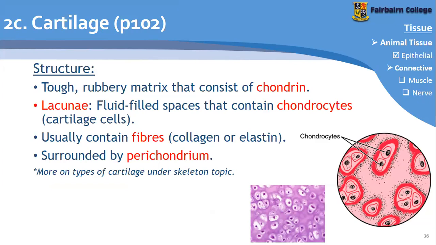For example, your epithelial tissue is, let's say, your skin, and underneath your skin you are going to have a layer of connective tissue that connects your skin with the tissue underneath it. So connective tissue connects tissues together, and it consists of three elements. Not all connective tissues will have all three, but in general, there are three elements.